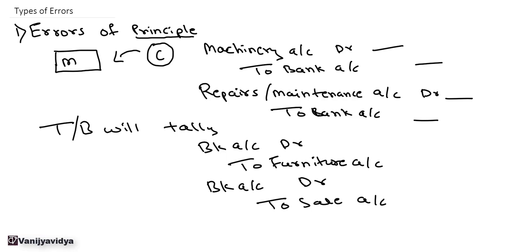Next is errors of omission. Omission is that an entry is not passed in the books or only partial entries are passed in the books.